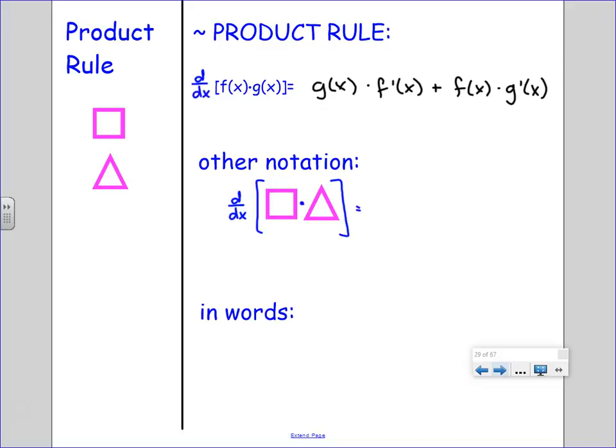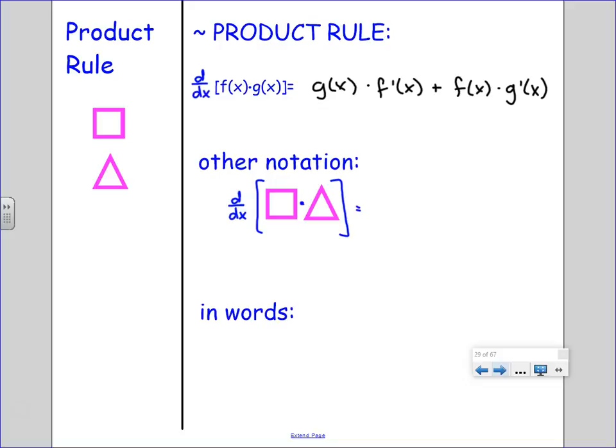Or second d first plus first d second. Wait, what? Second function, d first, d standing for derivative of. Second d first plus first d second.